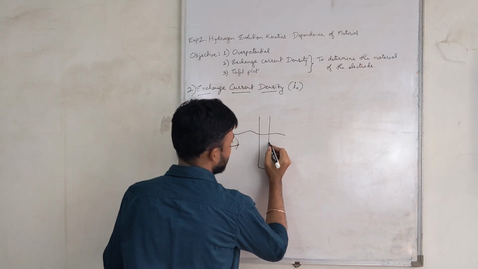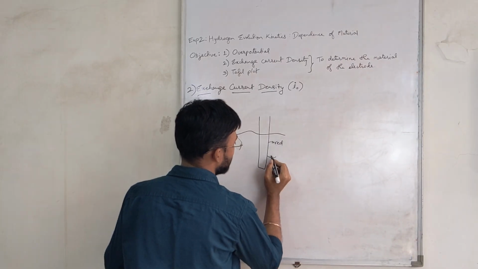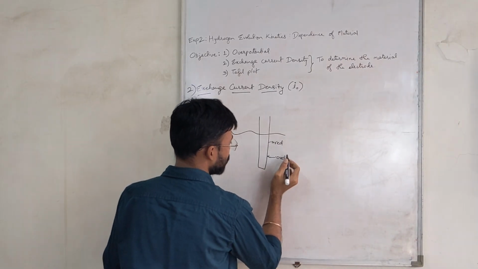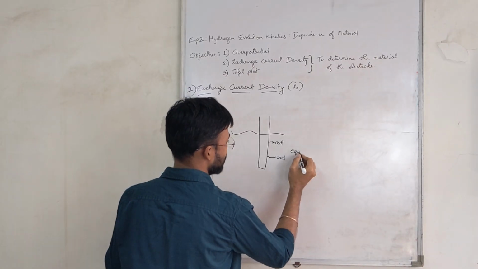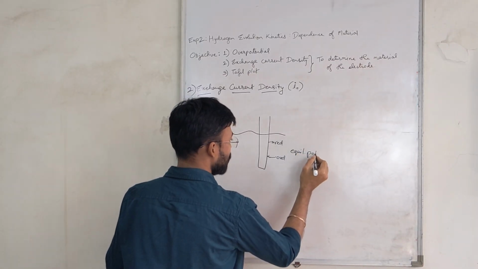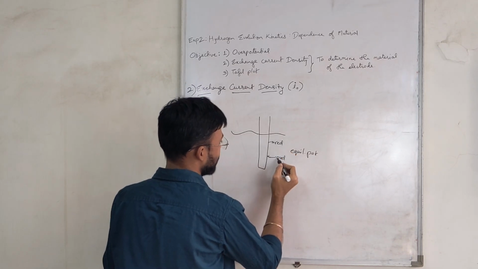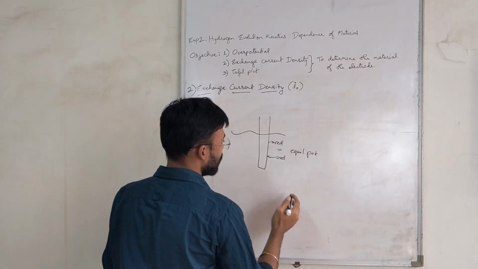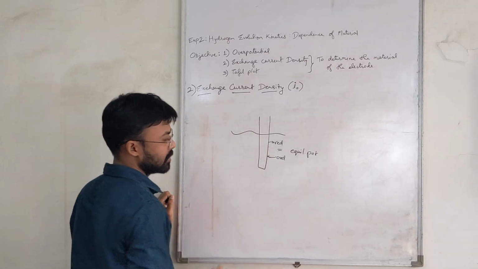At the surface of this electrode, there will be some species getting reduced and some species getting oxidized. Both happen simultaneously, and at equilibrium potential the rate of species getting reduced and the rate of species getting oxidized is equal. And the current that we find out here is called the exchange current density.